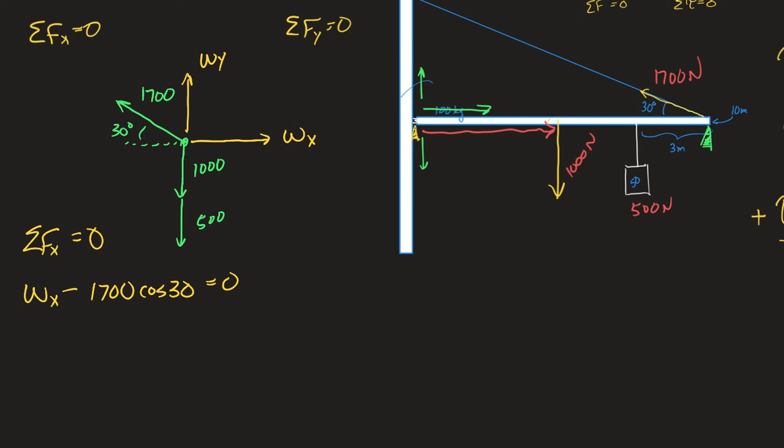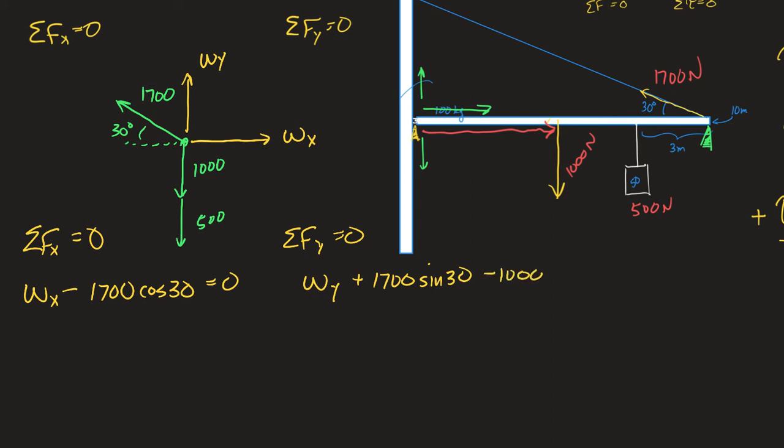Am I okay to do that, or do I need to do the triangle stuff? Net force in the y direction, same thing. I've got W in the y direction. I've got 1,700 sine 30 in the y direction.